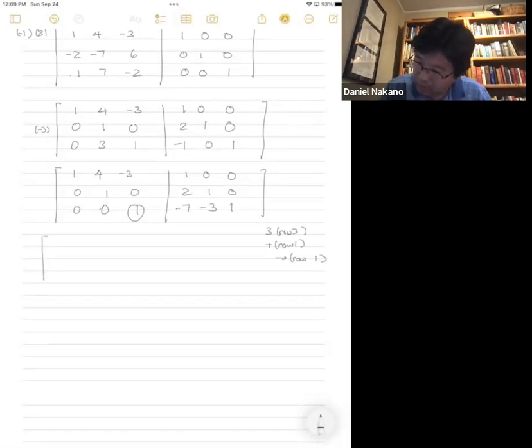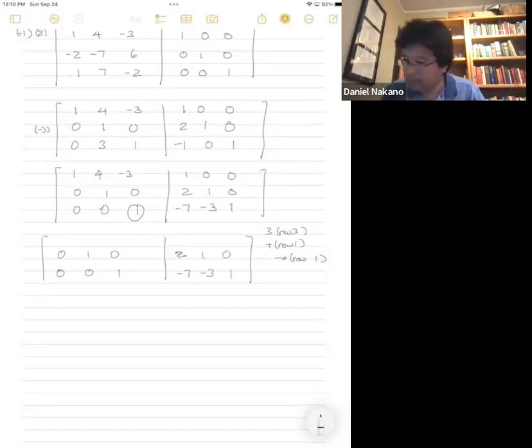So let me try to move it over slightly so that we can see how to do that. Okay, so the first 2 things stay the same. So let's just write this down. And then 0, 1, 0, 2, 1, 0. Okay, so multiply by 3 here. Okay, and then add it to row 1.